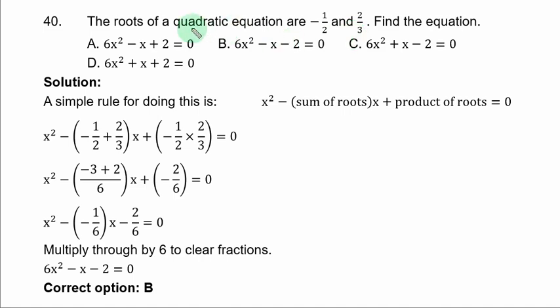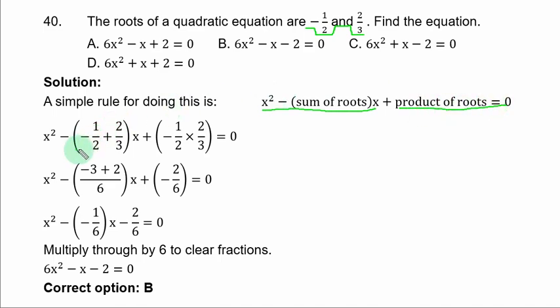Question 40. The roots of a quadratic equation are -1/2 and 2/3. Find the equation. To do that, we use this simple rule: s squared minus sum of roots times s plus product of roots equal to 0.